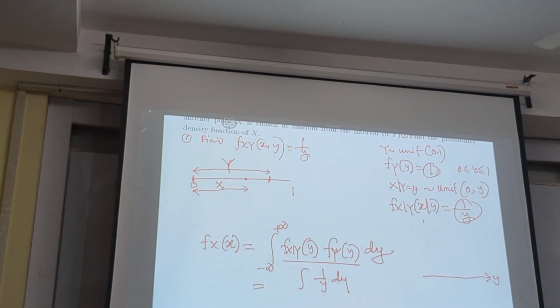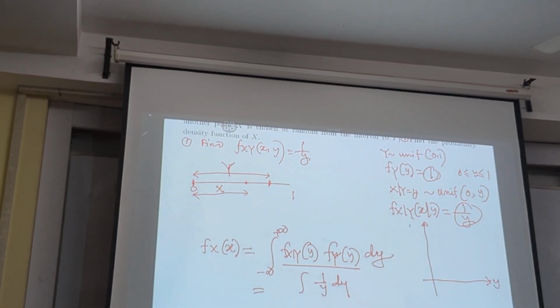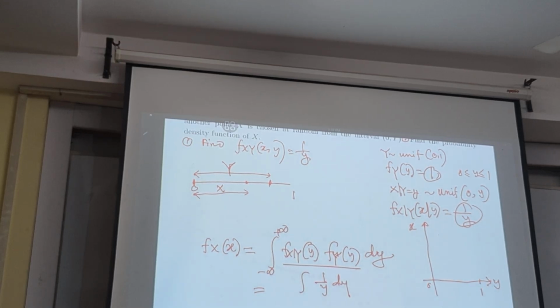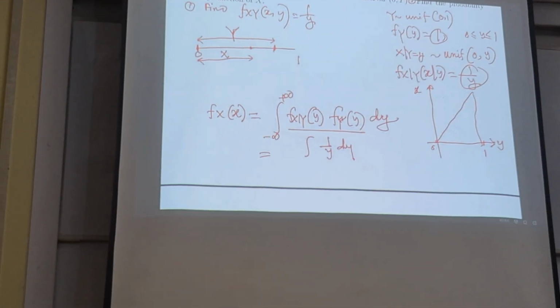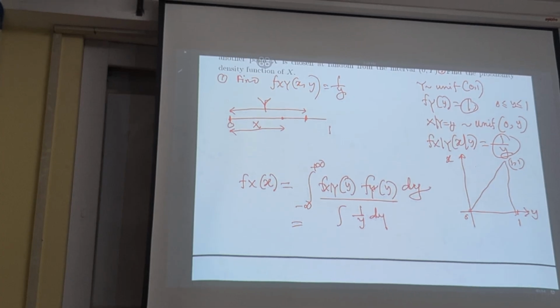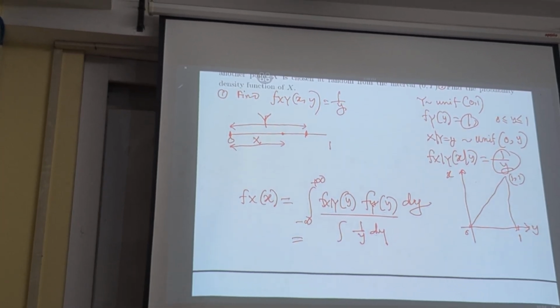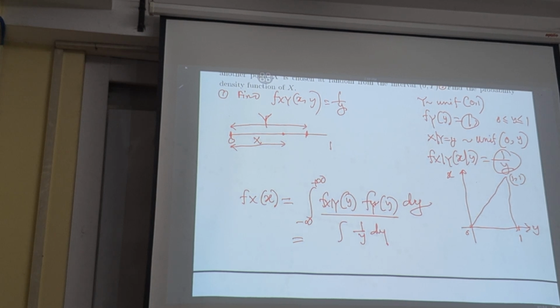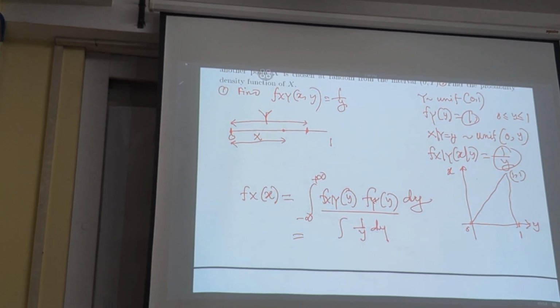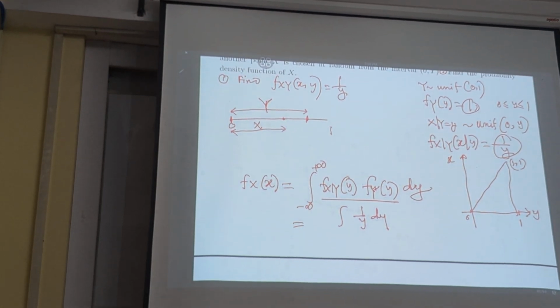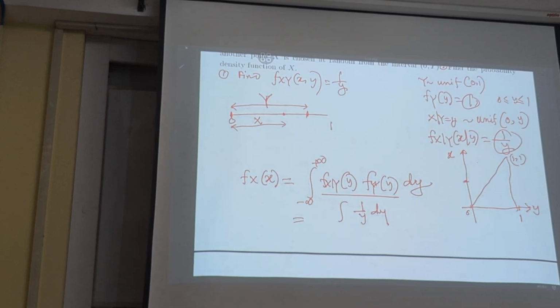And x is along the other axis. For a particular value of x, y goes from x to 1.